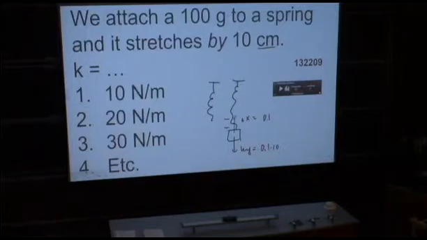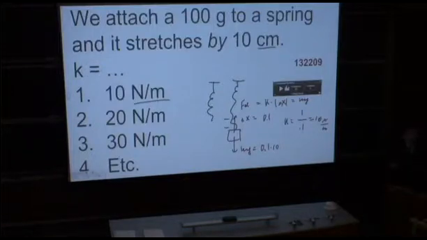So the elastic force should have magnitude equal to the spring constant times the elongation. So the spring constant equals the elastic force, which also has to be equal to the force of gravity, because nothing is moving, everything is at rest. That's what we call equilibrium. In equilibrium, net force equals 0. So these forces must have exactly the same magnitudes. So the spring constant will be equal to 1 over 0.1. And we also can see the unit. It has no name, it's just a Newton over a meter. That's it, nothing else.